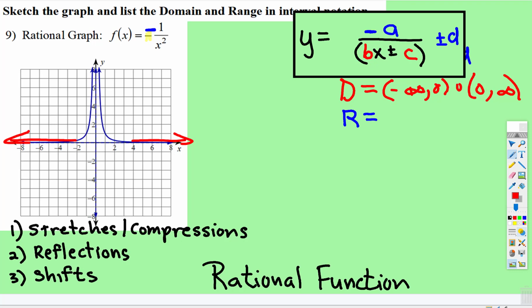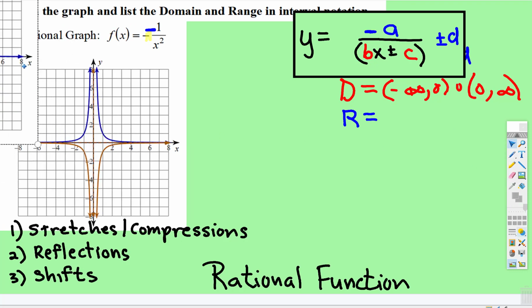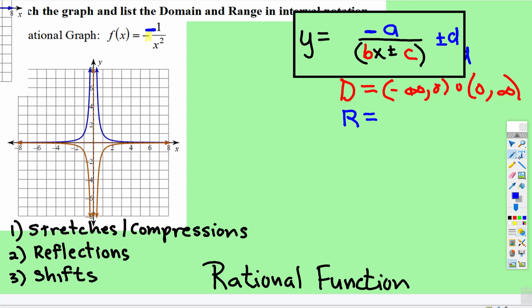And for the range, let me move this out of the way so you can see. For the range, it is now headed towards negative infinity, or coming up from negative infinity. So there's nothing above the x-axis.